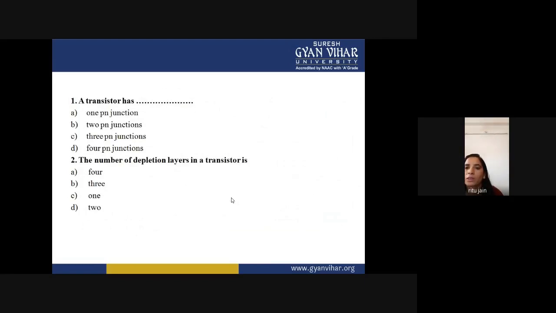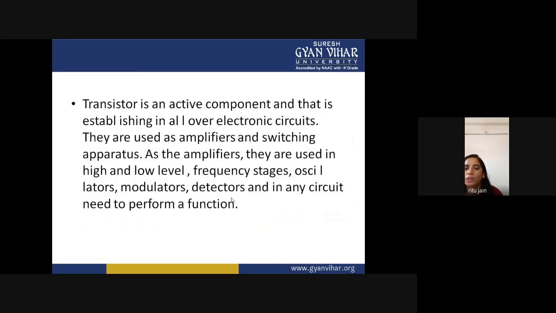So this is all about the transistor. Now we can revise once more what we studied in this lecture. We studied the transistor. A transistor is a semiconductor device, which is very important. It is made by two diodes, PN and PN junctions. It is a three layer, three terminal device.